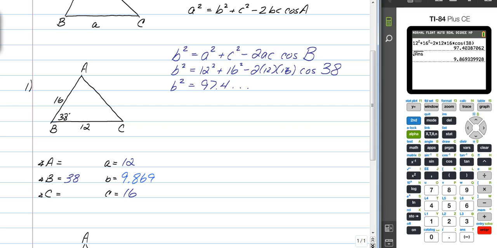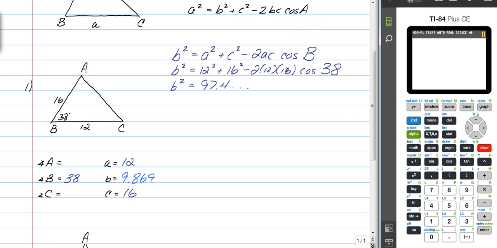Now we just have to go find big A or big C. To do that, it's a little bit more complicated in terms of calculator skills. Let me show you what I mean by that. So we're going to set up big A. To find big A, it's a squared. That's the one that we were originally given.